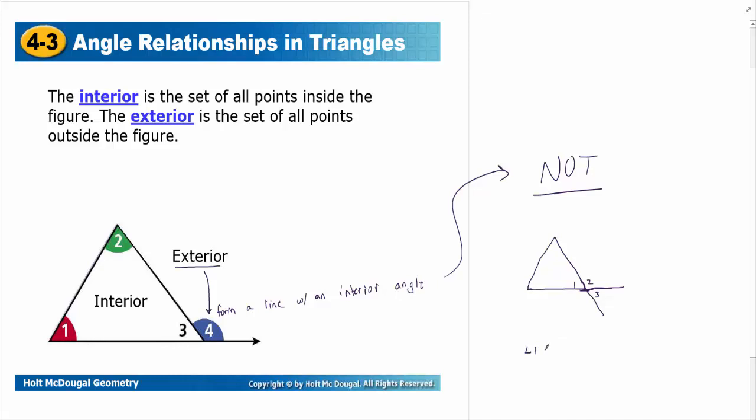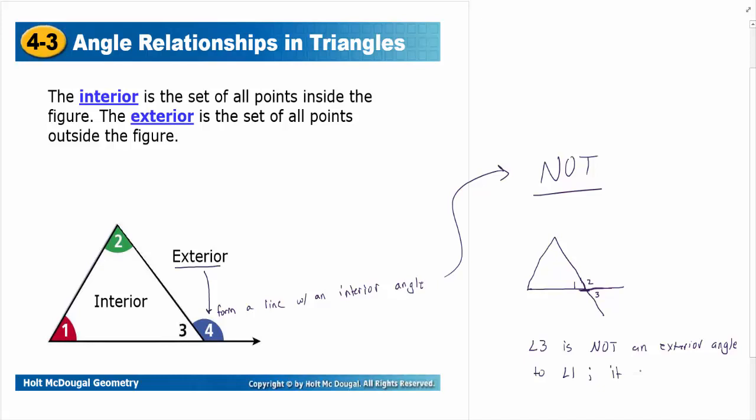Angle 3 is not an exterior angle to angle 1.